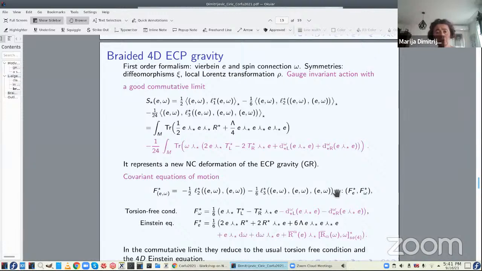I would try to compare this, for example, with our solution for the deformation of Minkowski spacetime that we had in this model of SO(2,3) anti-de Sitter gravity, because we had a solution which is a deformation of Minkowski spacetime. It would be maybe interesting to see what happens here with Minkowski. I don't know. Right, thank you.